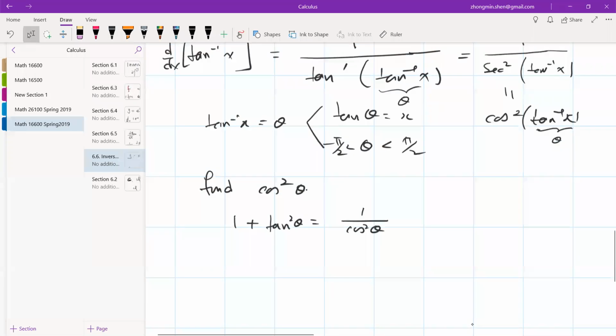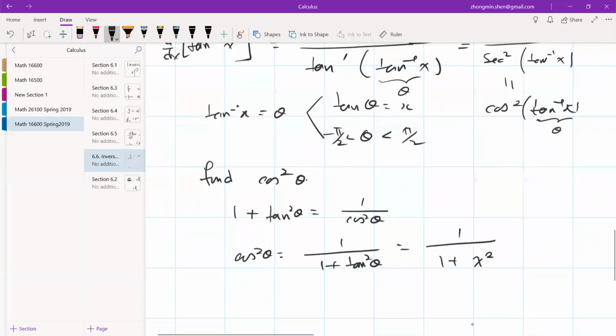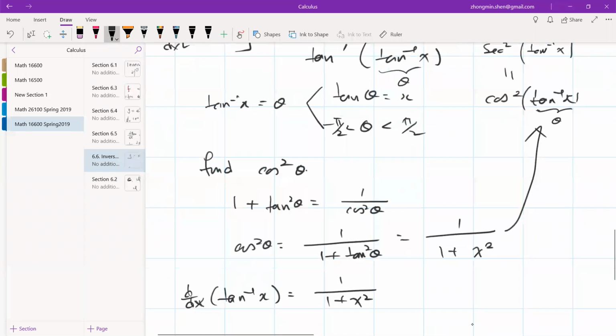So cosine squared theta is going to be 1 over 1 plus tangent squared theta. But tangent squared theta is going to be x squared. Okay. So if we solve the problem, we put it here, we get, okay, so that's what we get. So this is our formula.